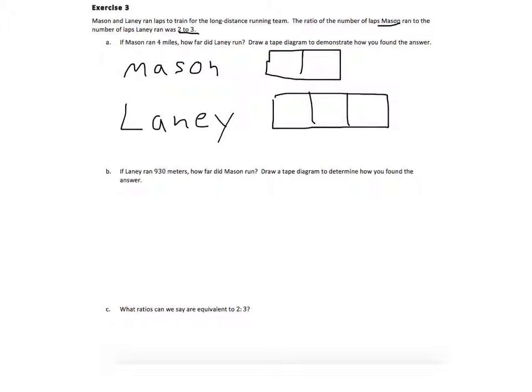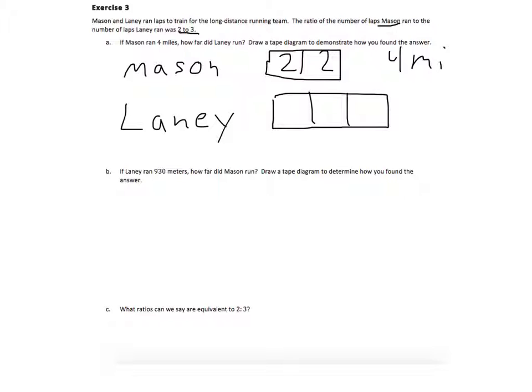Now, if Mason ran 4 miles, how far did Laney run? Well, now we've got to figure out what numbers we place inside those boxes to make Mason have 4 miles. Well, if we put 2 miles in each box, that'll give us a total of 4 miles. So if I put 2 and 2 here, Mason will have run 4 miles.